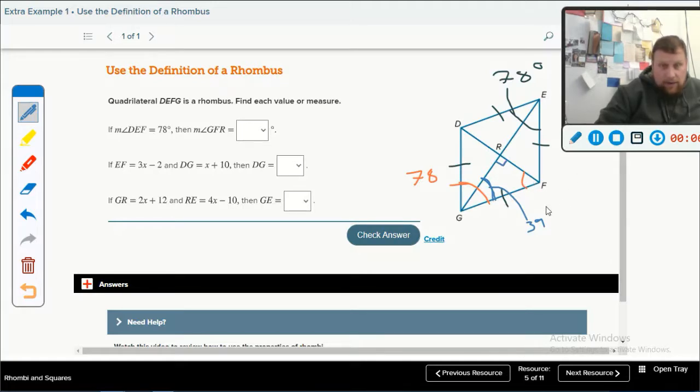So 39 plus 90 equals 129. Then subtract that from 180 to get that last angle of the triangle there. And we get 51. Perfect. So I now know that angle F is 51 degrees, or GFR is 51 degrees.